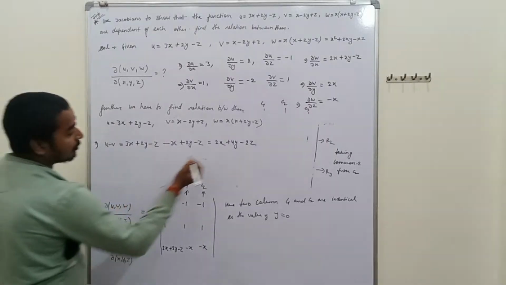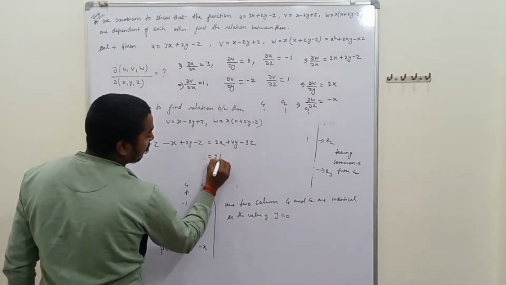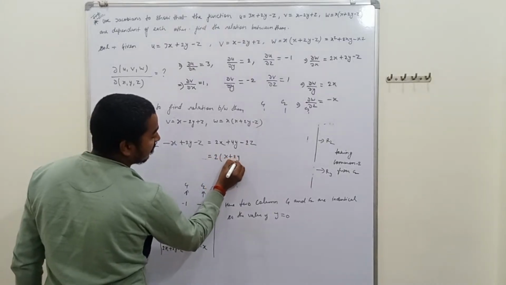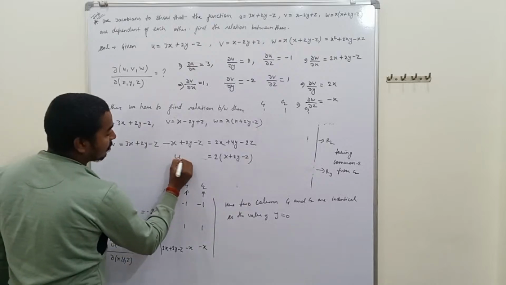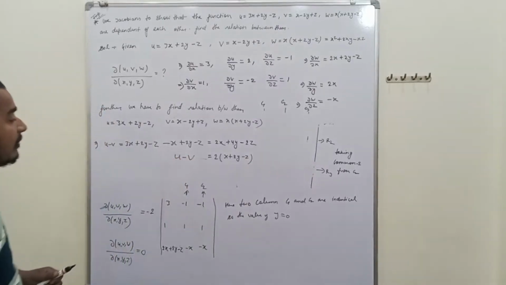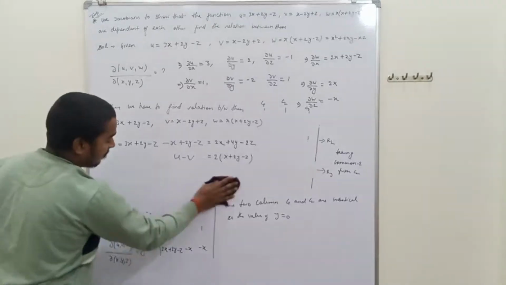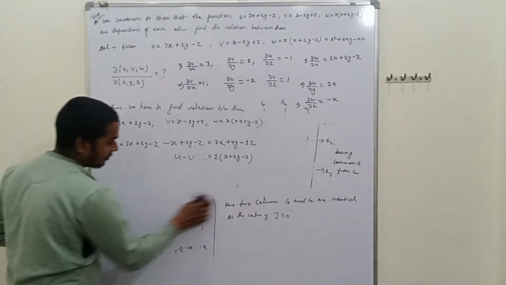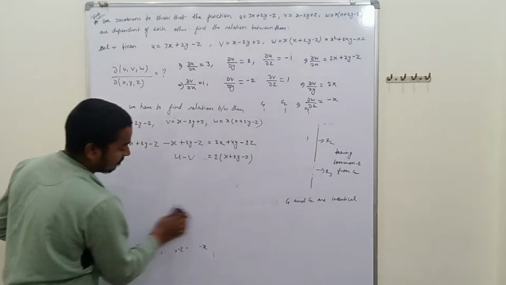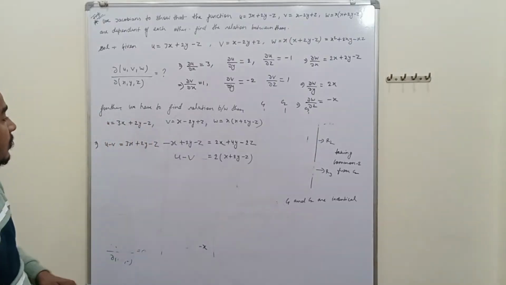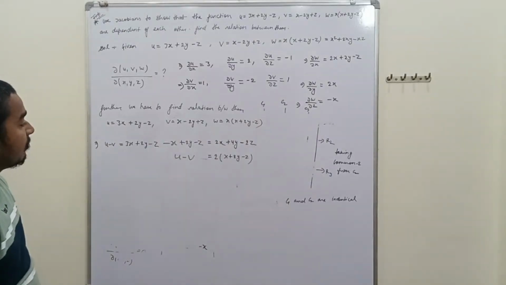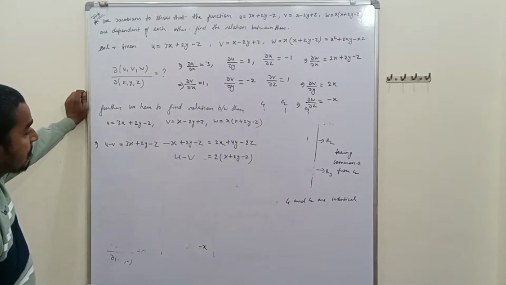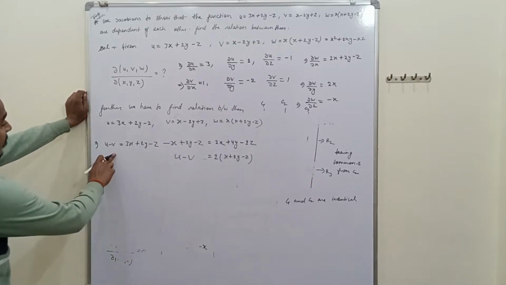From here we take common 2, that is 2 times x plus 2y minus z, so u minus v is equal to 2 into x plus 2y minus z.